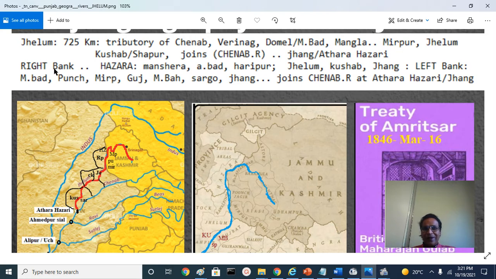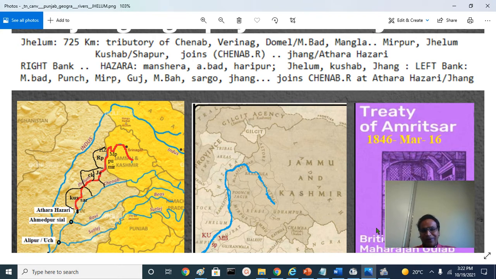And what are the right bank districts? This part of the districts of River JHELUM. What are the left bank districts? That means this part of River JHELUM. We will take a look at it.